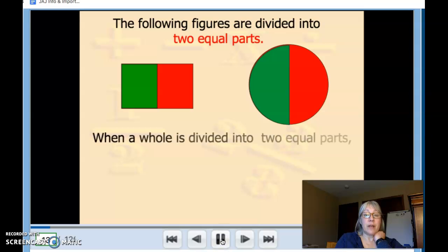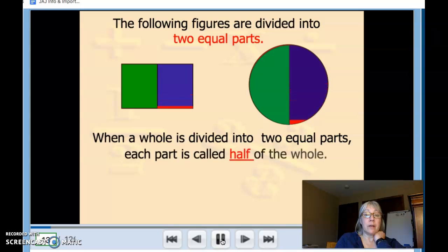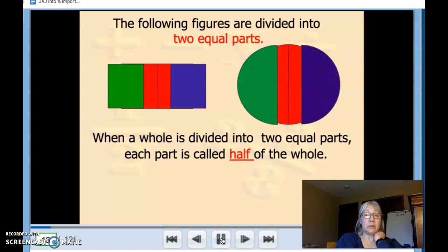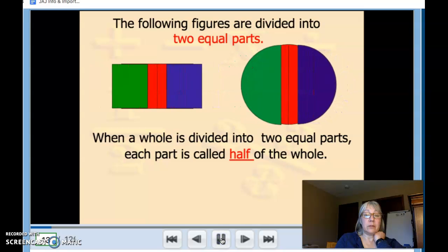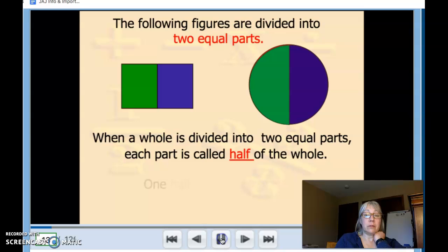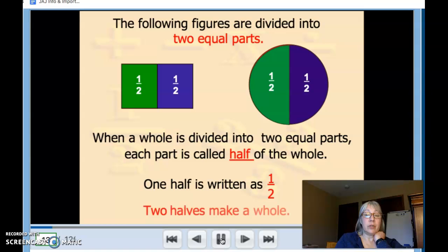When a whole is divided into two equal parts, each part is called 1/2 of the whole. One half is written as 1/2. 2 halves make a whole.